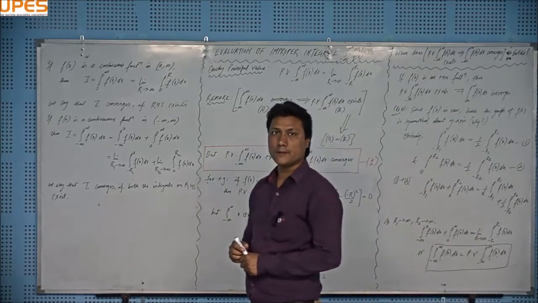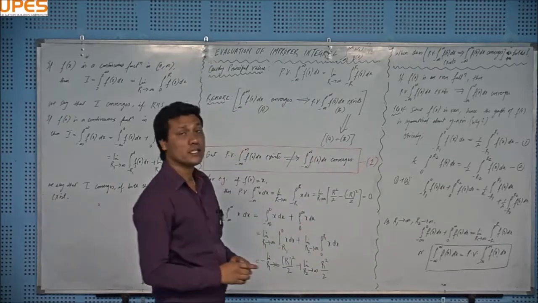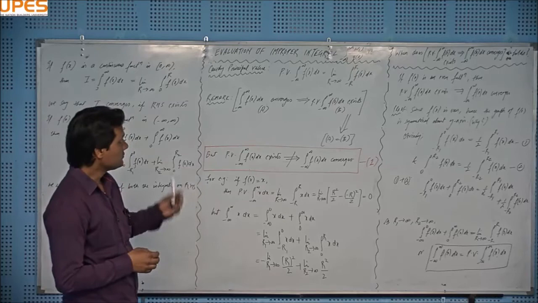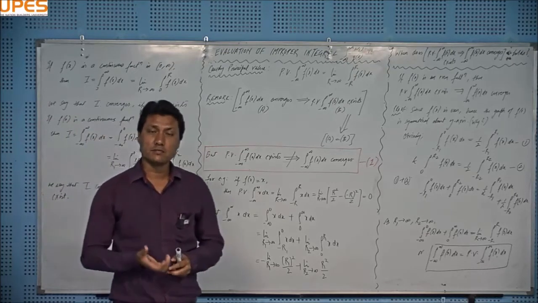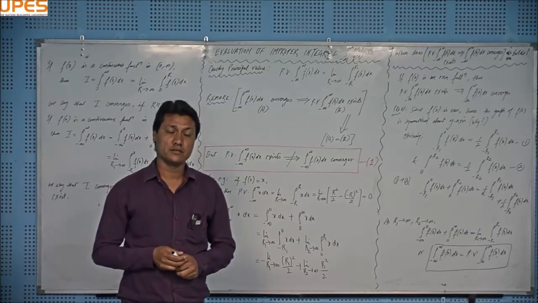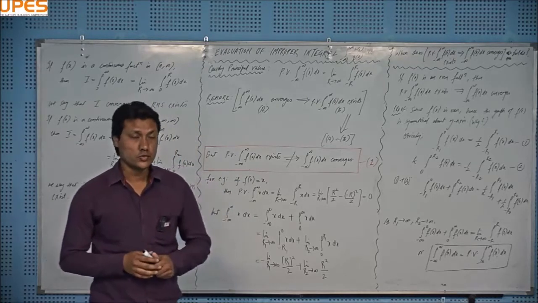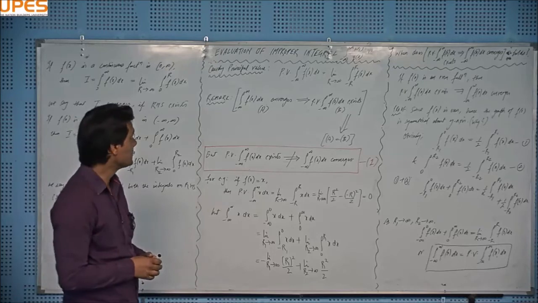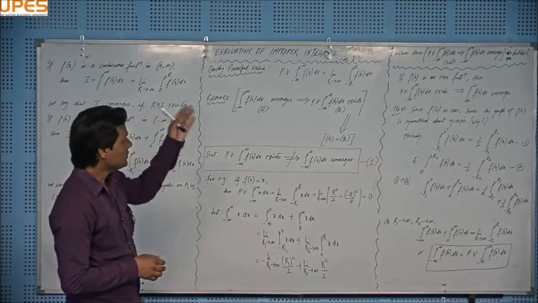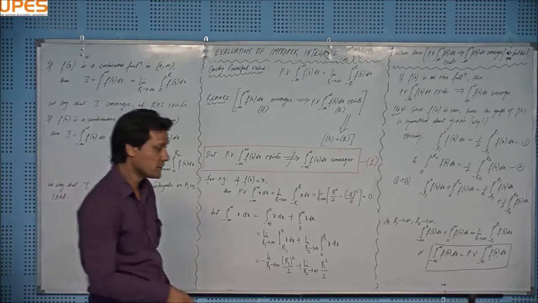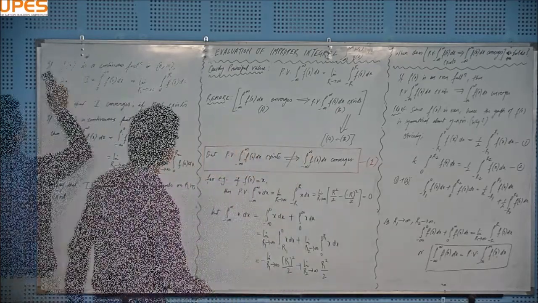What we'll do, we'll replace this real integral by a complex integral, and when we replace an integral by a complex integral, we need some contour, and then we have to use the Cauchy residue theorem as we used in our last video. So I will give a small method how to evaluate this type of integral, and then I will take some examples.